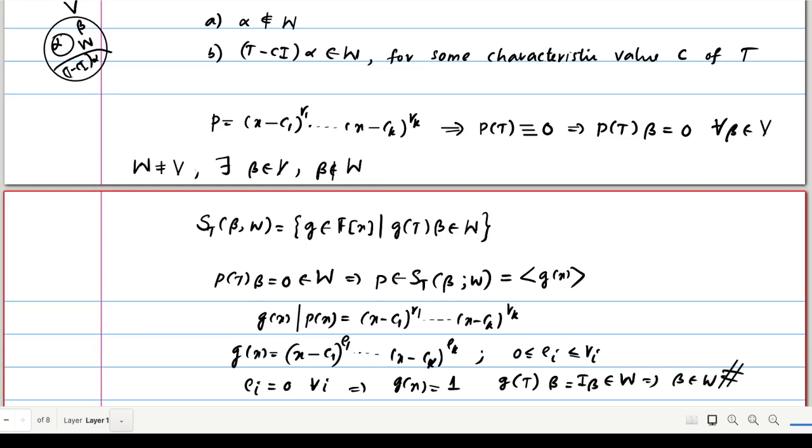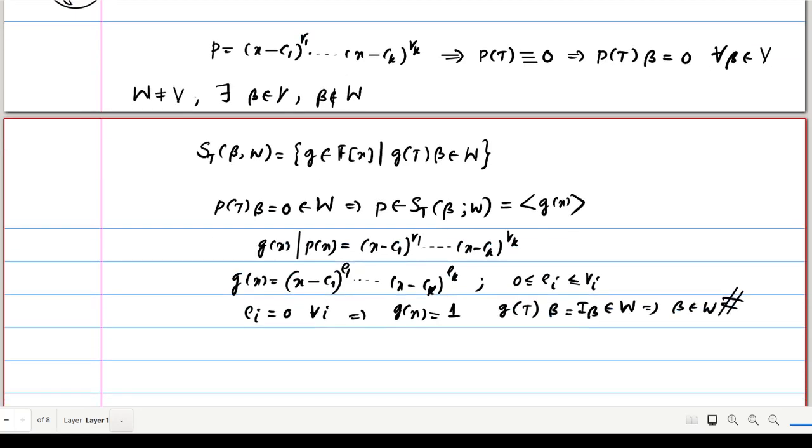So we can expect that ei is not equal to 0 for some i.